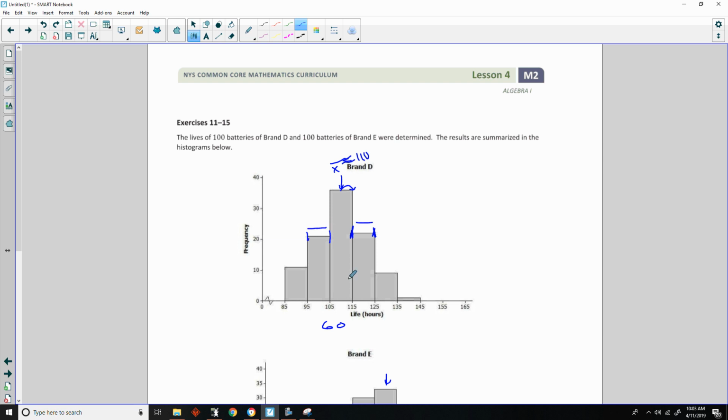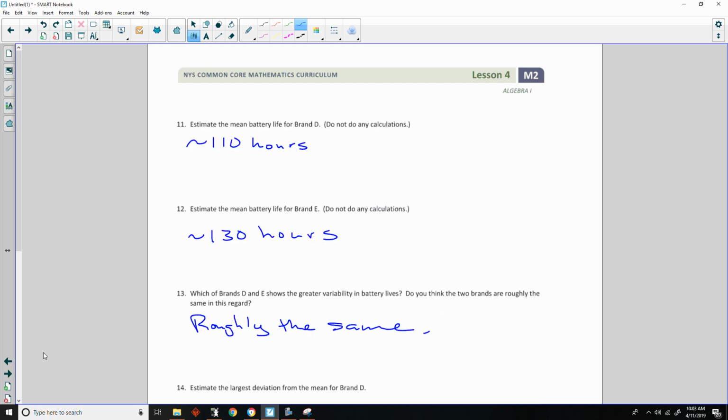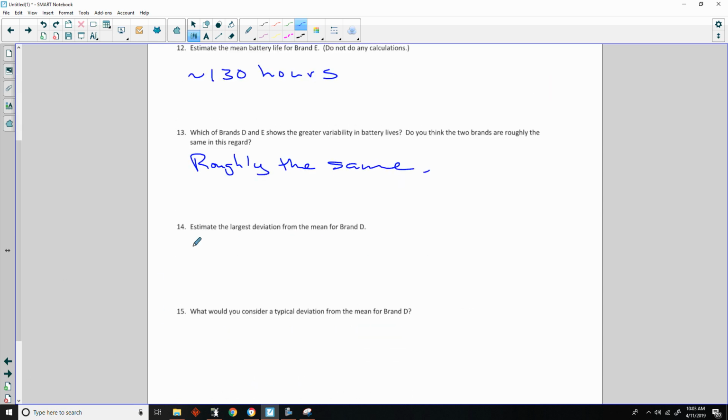These would be our deviations. From 110 to 115 is 5, and 110 to 125 is 15. So any answer within this range would be a correct answer. Anything between 5 and 15 hours.